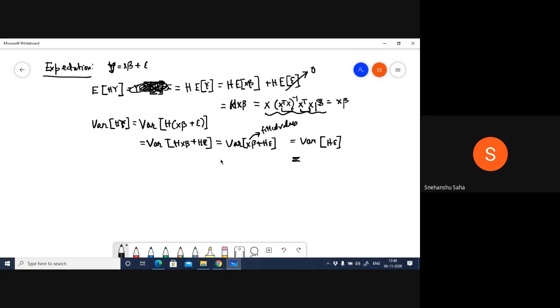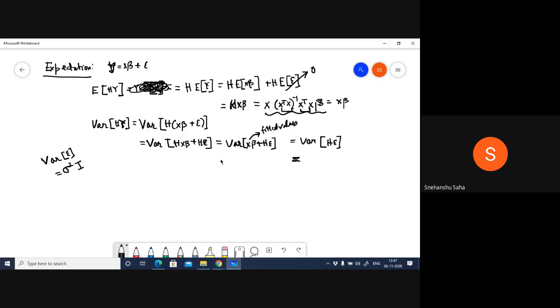What is variance of, if I may ask you, what is variance of epsilon? What do you think? Sigma square I, right? Not sigma square, because this is a variance matrix, right? So this is sigma square I, right? So what is this going to be?